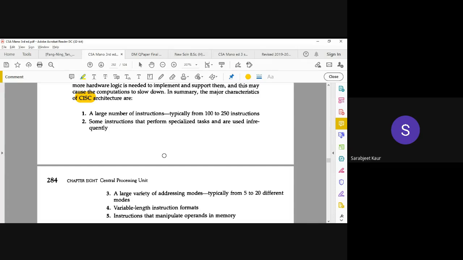But what was the downside of this? The downside of this was that as a result of that, the instruction set became so complex that the internal circuit which was required to implement all these instructions, okay, it became so difficult to manage over time, and the instructions themselves started taking a very long time to execute.